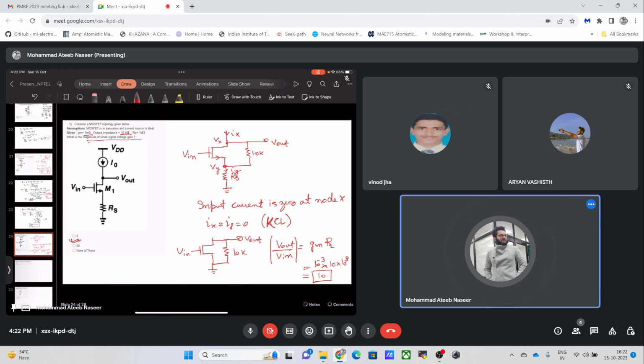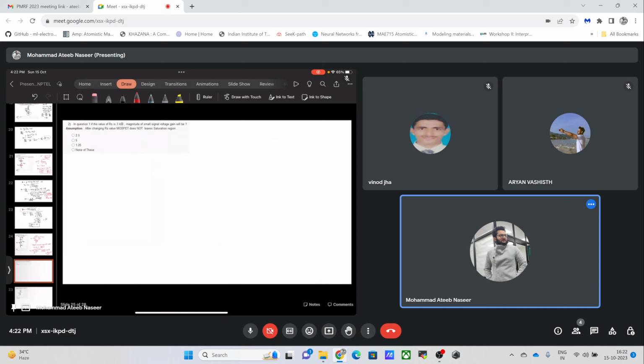So we will select option B that we have found out. Now the second problem says that in question 1, if we change the value of Rs to 3 kilo ohm, what will the magnitude of small signal gain be?